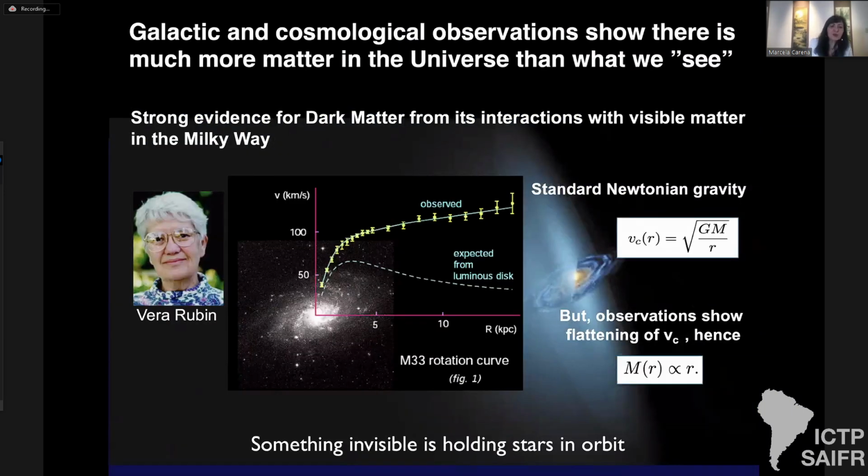So we all know that there are galactic and cosmological observations that show that there is more matter in the universe than what we see. And in fact, in the 1970s, Vera Rubin with her colleagues started to measure how fast stars are moving in galaxies like the Milky Way as they orbit around the center of the galaxy.